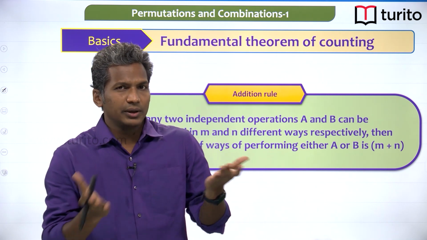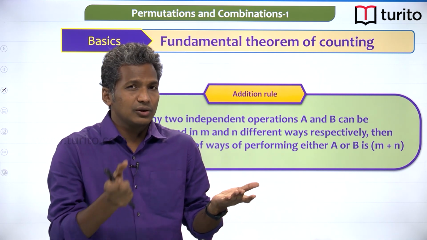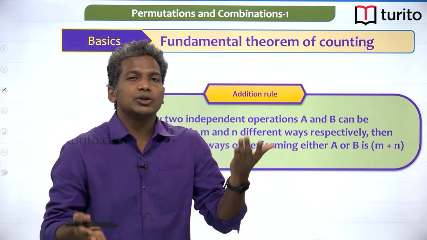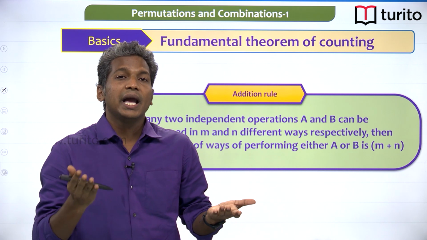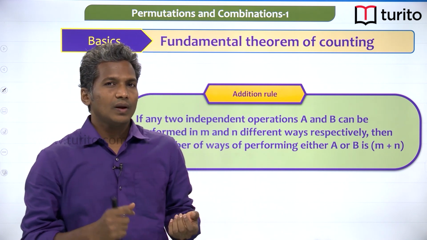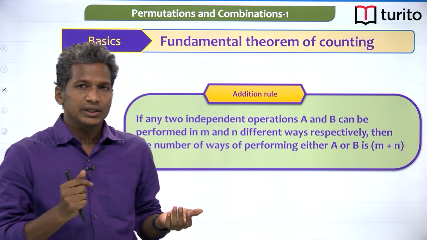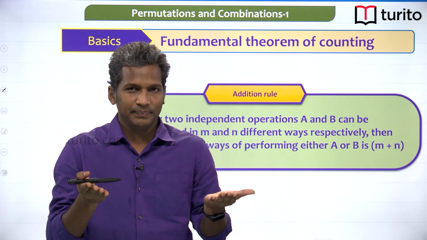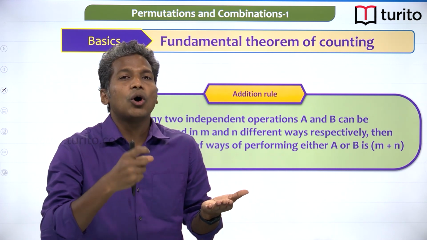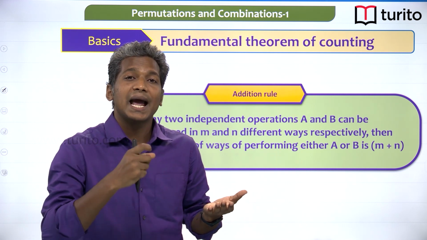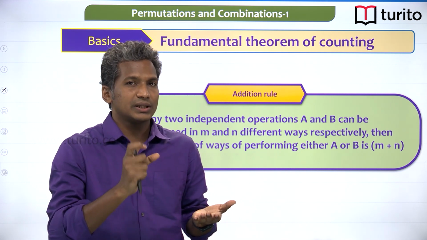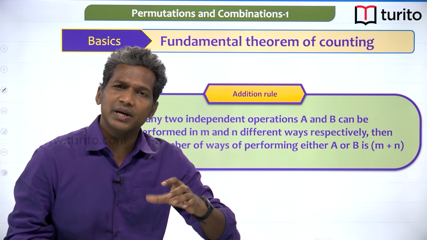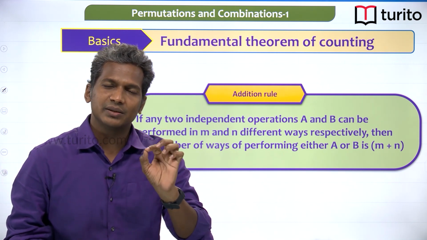Now, either of them, what is the meaning of either of them? Either A or B will occur in m plus n ways. Here what you have to understand is, what is the relation between these two events A and B? Is the relation OR, or is the relation AND? This is what you have to understand first, and today we will mostly base the entire lecture on this principle only.